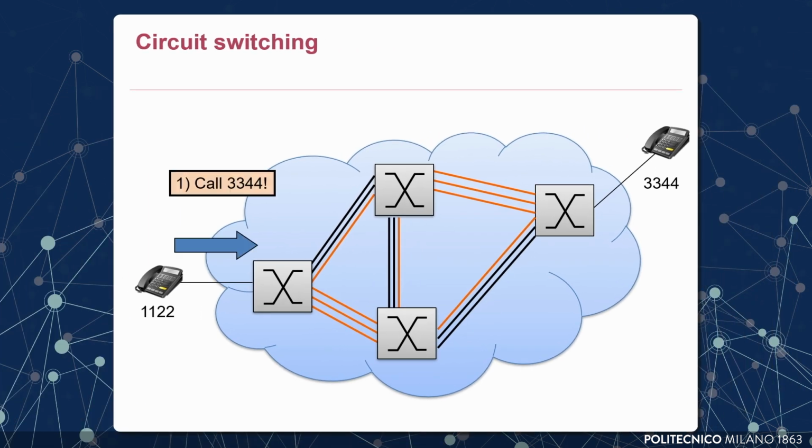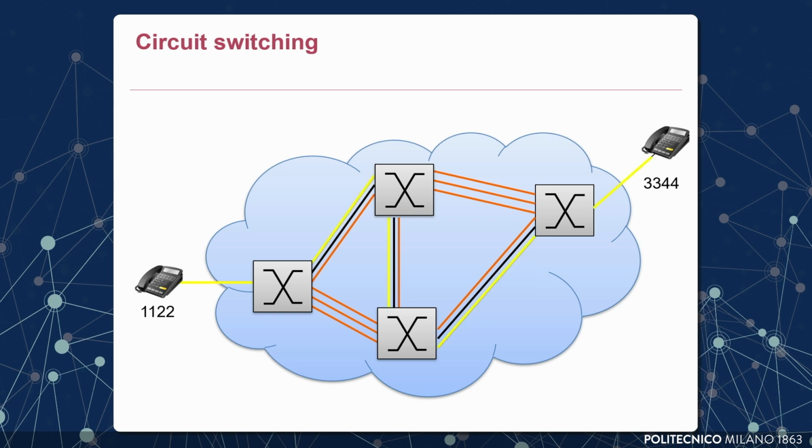At the very beginning, the source starts to make the call. Then the network finds a circuit, an available circuit over the network. Then it opens the circuit, and only after this step, the final destination phone can ring. After ringing, then we can have the operation of the call.